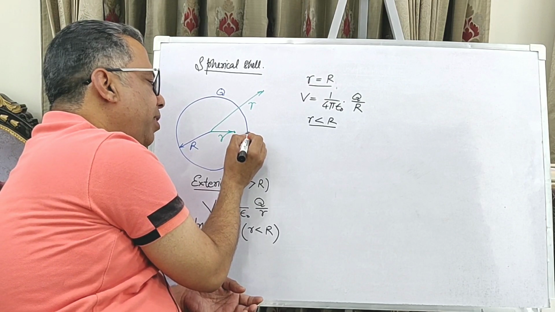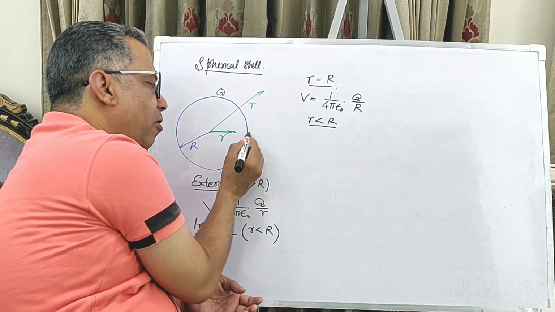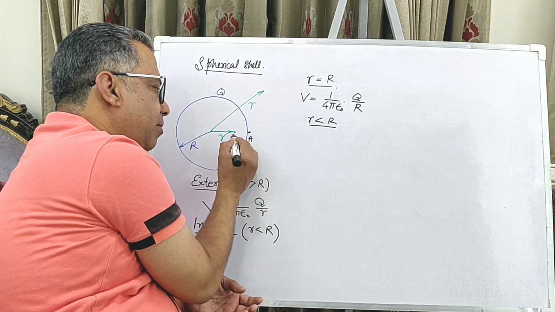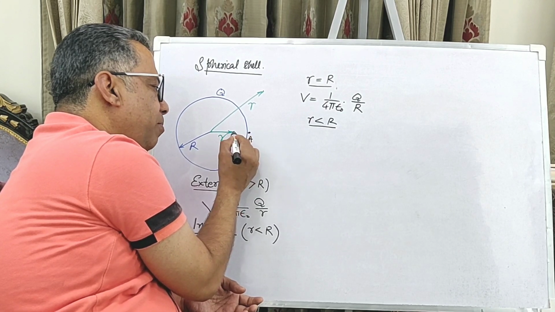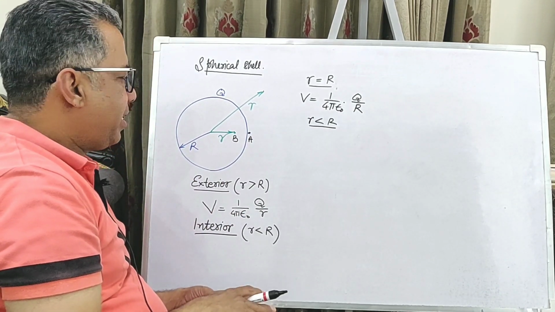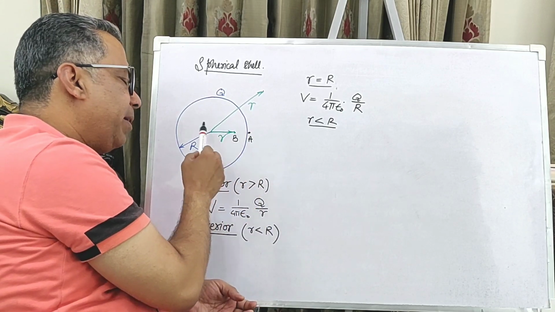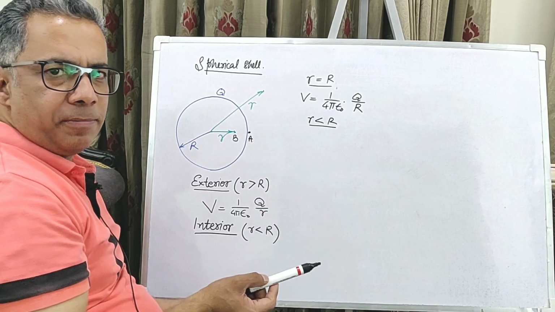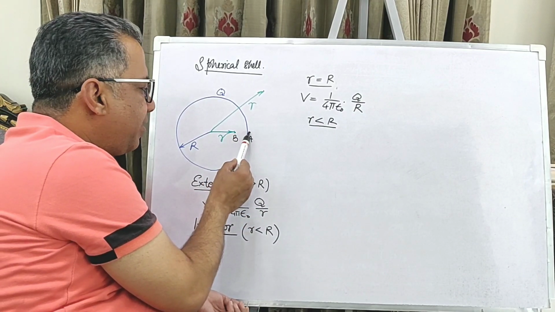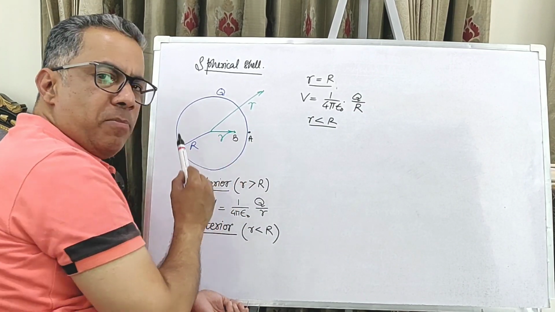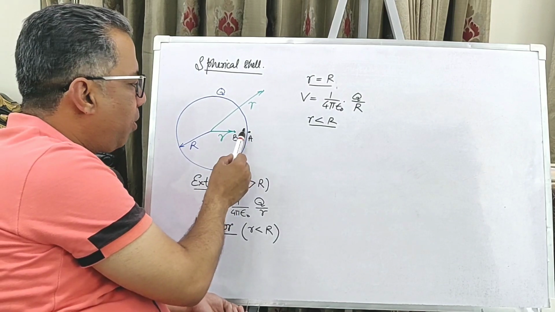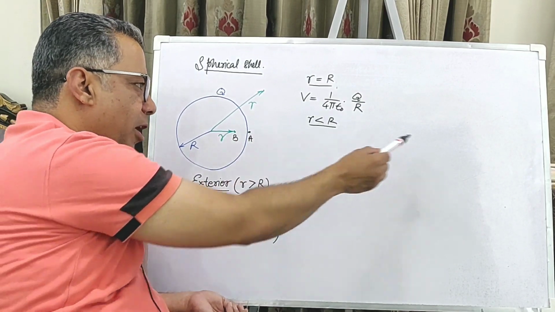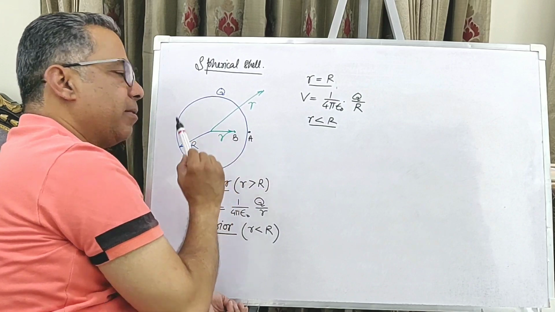And then as we move further from this point, let's say A, to this point B, from A to B, there is no work done by the electric field because the electric field inside the shell will be zero. Since the field inside the shell is zero, no work is performed by the electric field on the unit positive charge being brought from infinity to this point.